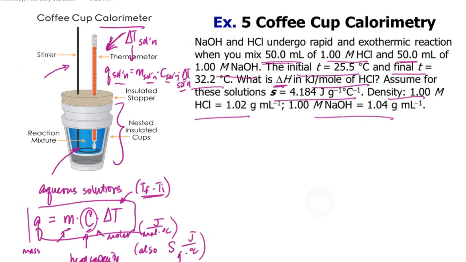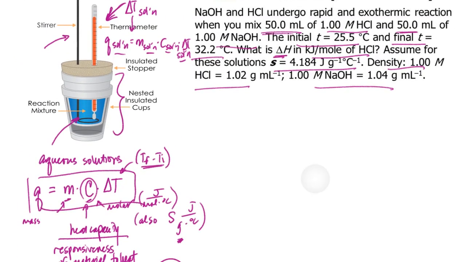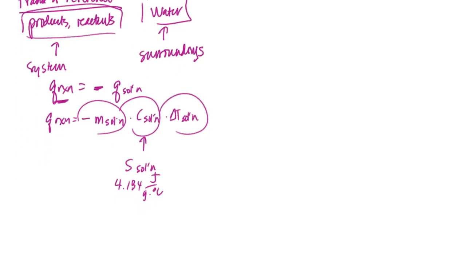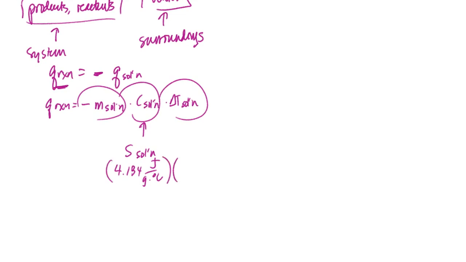I'm also given a way to calculate the temperature change. So that would be the final temperature of 32.2, and I'm going to subtract from that 25.5, which is the initial temperature. So that would be 32.2 degrees Celsius minus 25.5 degrees Celsius.